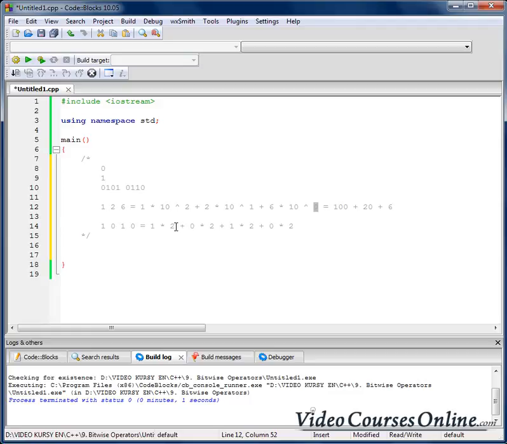Okay, so here is how it should be: 2 raised to the power of 0, 1, 2, 3. So to the power of 3. 0 multiplied by 2 to the power of 2. 1 multiplied by 2 raised to the power of 1. 0 multiplied by 2 raised to the power of 0.